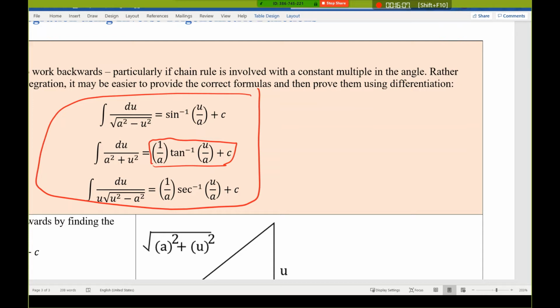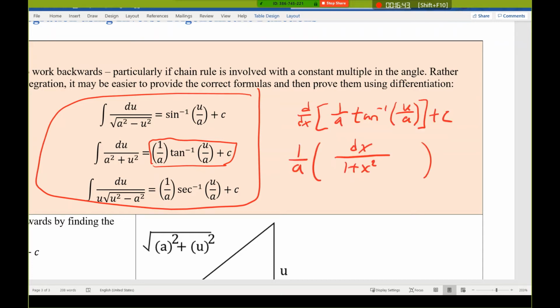If I derive the arctangent of x, we said we should get dx over 1 plus x squared. That dx would be the derivative of u over a. That's 1 over a times u, which would give me 1 over a.